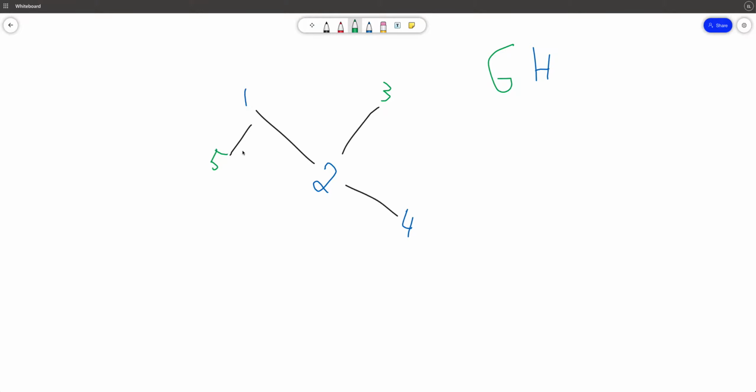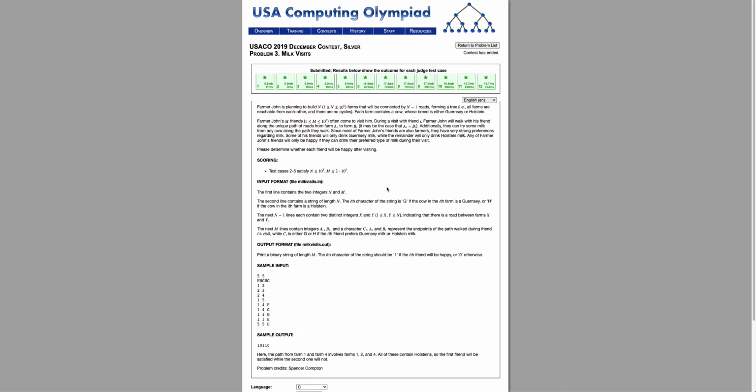It might be confusing to see what to do here, because we can't exactly find the correct path for each query, given that there can be 10 to the 5th nodes and also 10 to the 5th friends that we need to help.